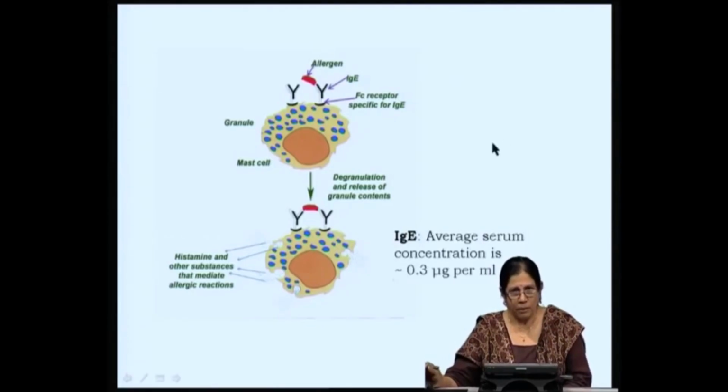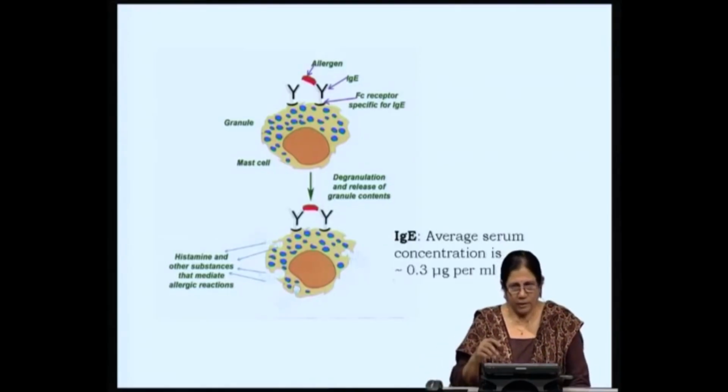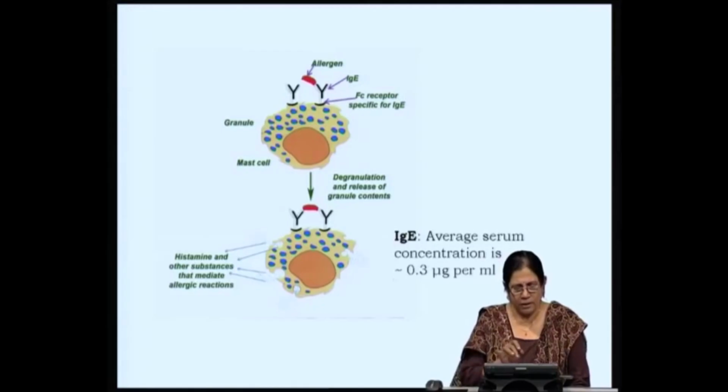Let us talk now about IgE. When we think about IgE, we always think in terms of the hypersensitivity reaction that IgE mediates. Now, that is a separate lecture, but let us look at IgE, which is present in the or secreted into the blood.